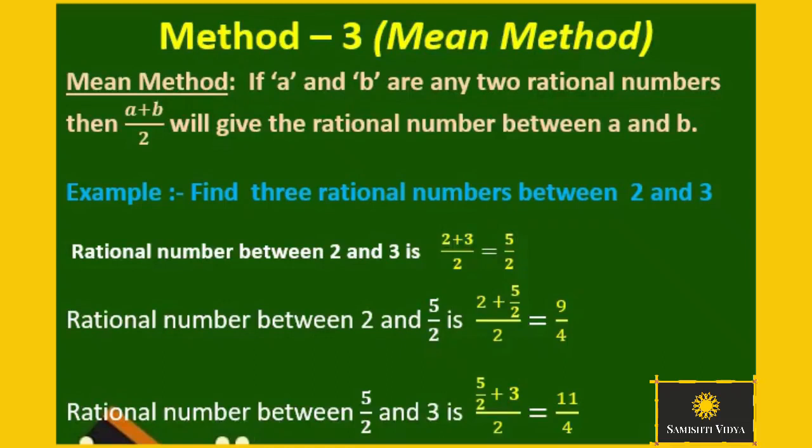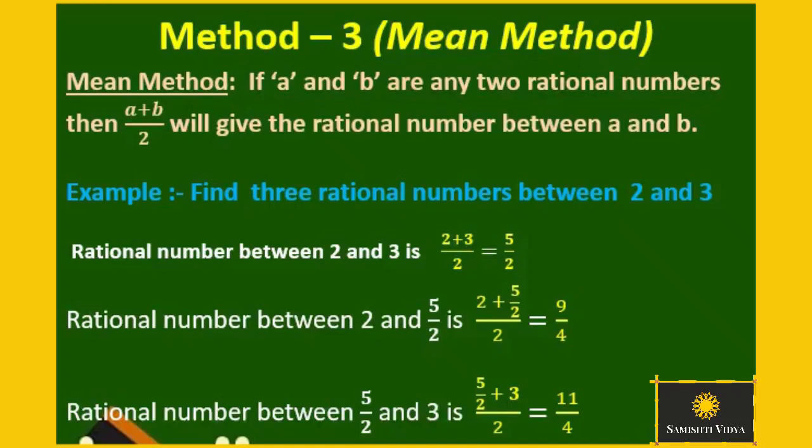Yes, it is nothing but the average of a and b, which can be found by a plus b by 2. Now, the same concept we will be using to find the rational numbers between two given numbers. For example, let us find three rational numbers between 2 and 3.